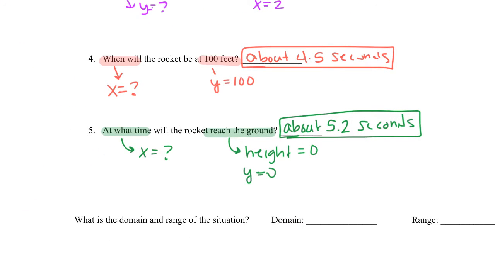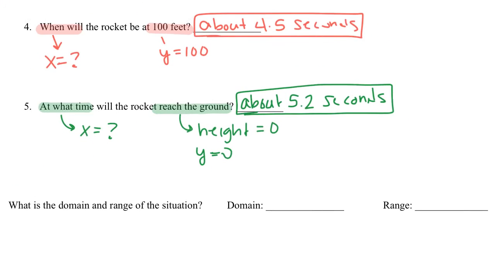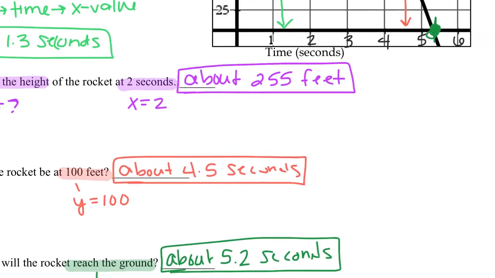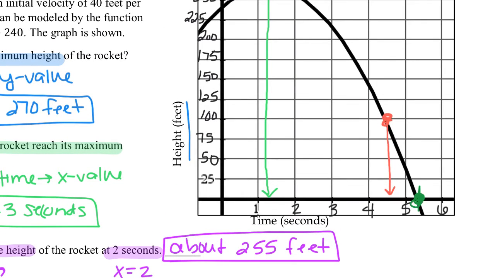And lastly, what is the domain and range for this situation? So domain always deals with your x value. So in this case, domain is all about time. Well, the smallest time this rocket has is 0. I can't have negative time. Then I need to figure out the highest time. So how far does my rocket go as far as time is concerned?